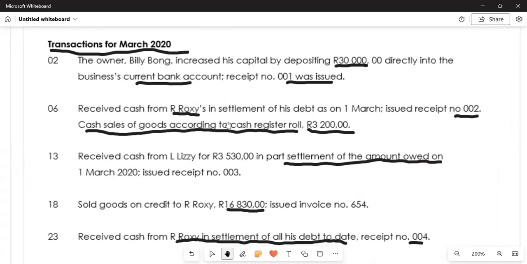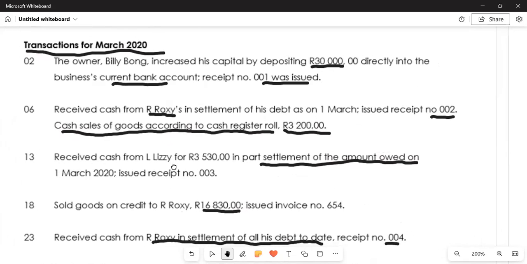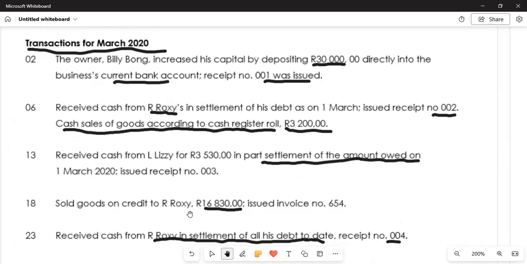As we are here on the transactions for March 2020, you can see that we did sell our stock to Roxy, which amounts to 16,830. Because if we are dealing with the debtors journal, we want to know what we sold on credit to our debtors.